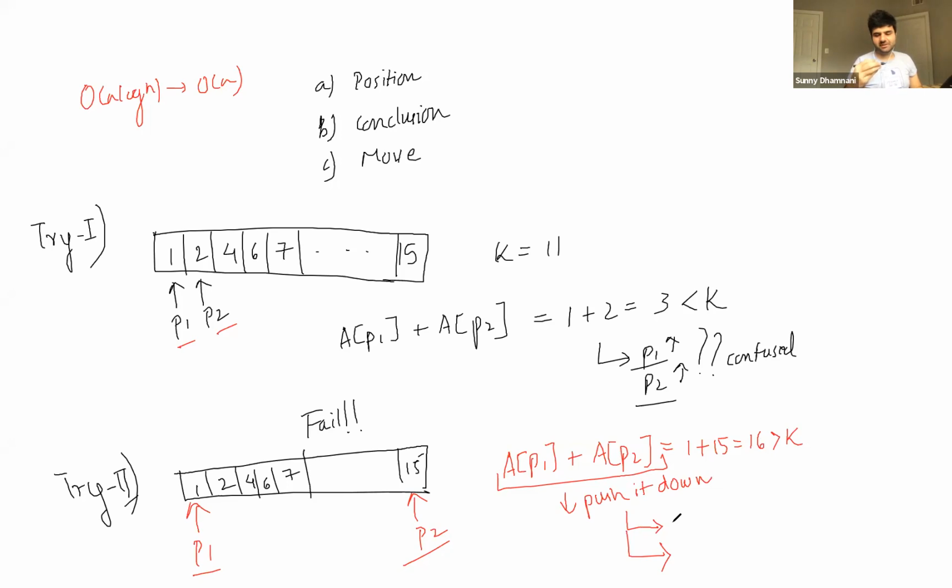Move P2 to the left. Right, so here we can make a conclusion. Since I need to bring the sum down, I can move P2 one step back because that would reduce the element. Why can you do that? Because the array is sorted, right?